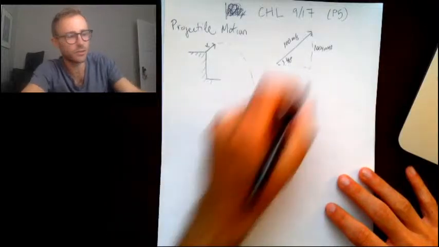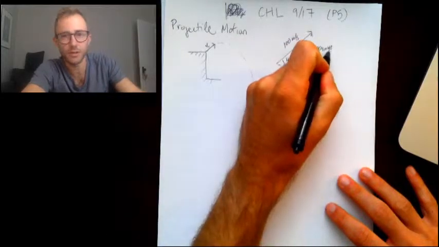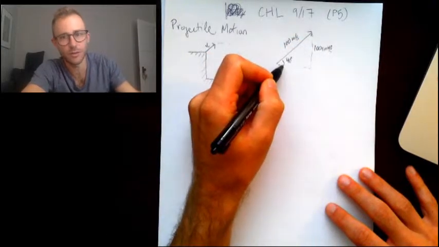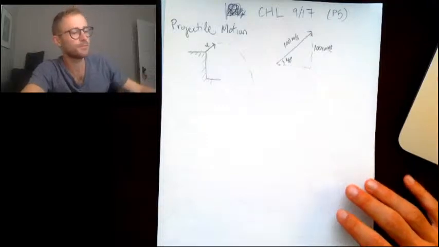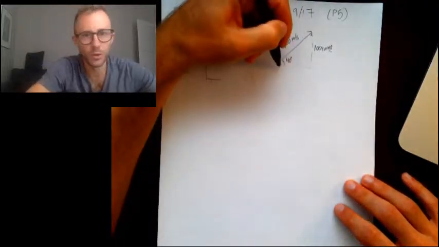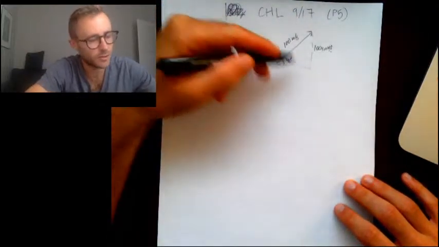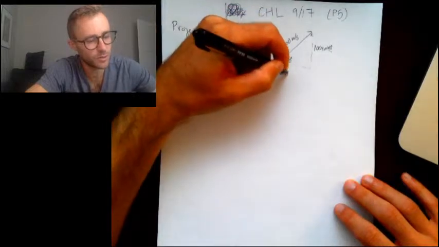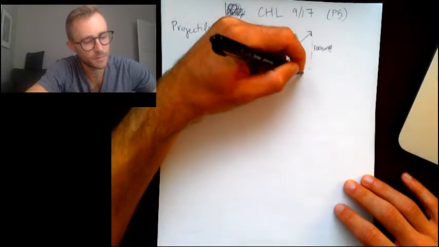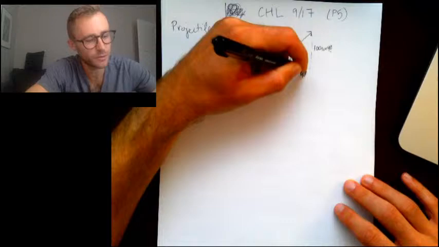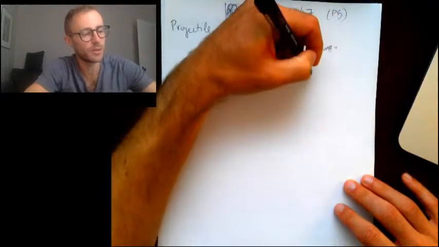Make sure your calculator is in degree mode because I gave you the angle in degrees. For the horizontal component, that's adjacent to the angle, so we use cosine of 40 degrees.